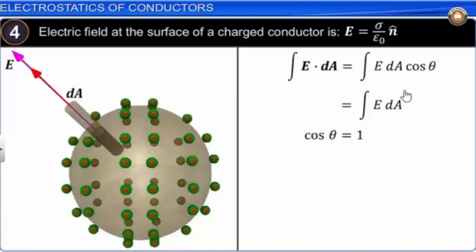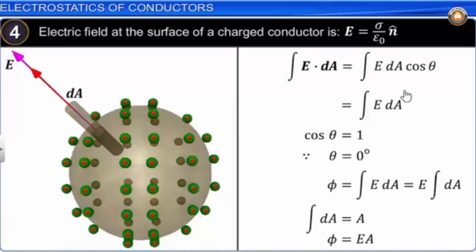Since E is constant through the flat face of the small Gaussian surface chosen, we have phi equal to E into integral dA, or phi equal to EA, since integral dA will be equal to A.